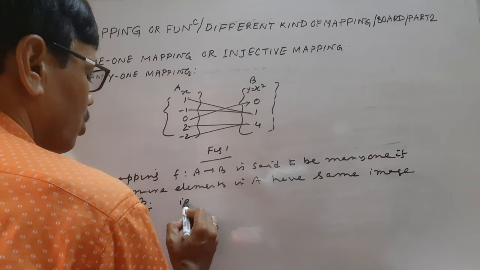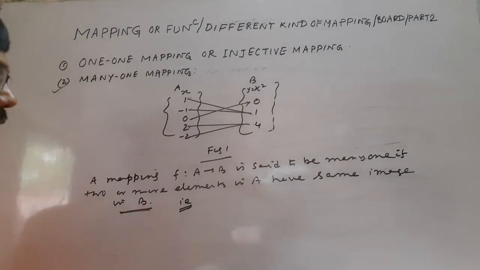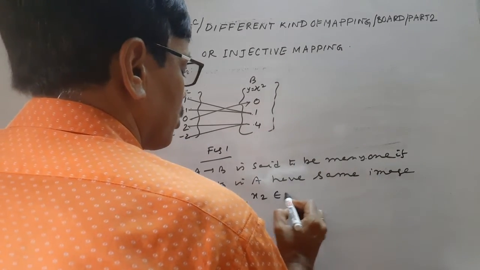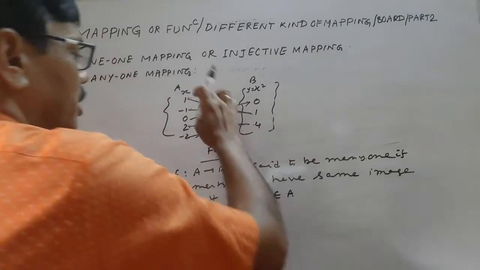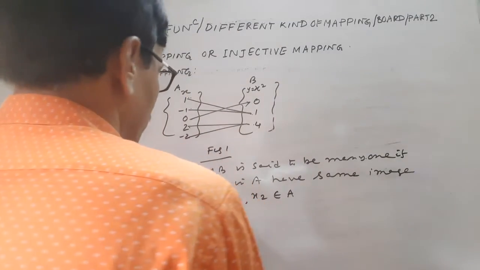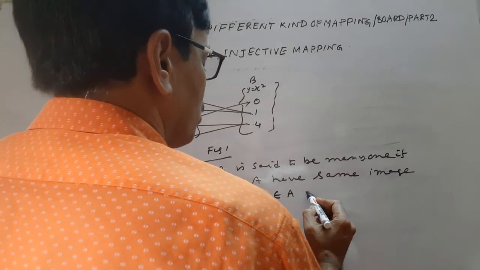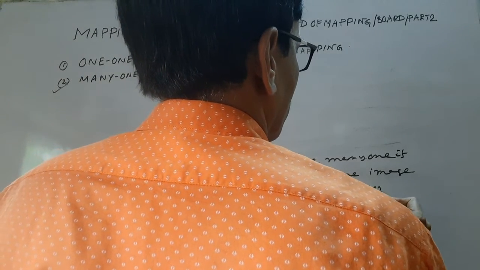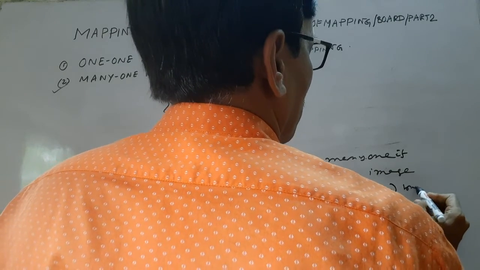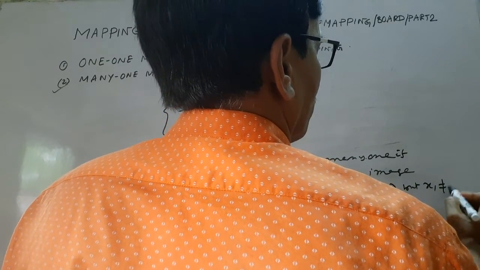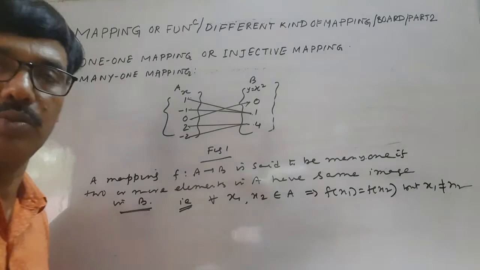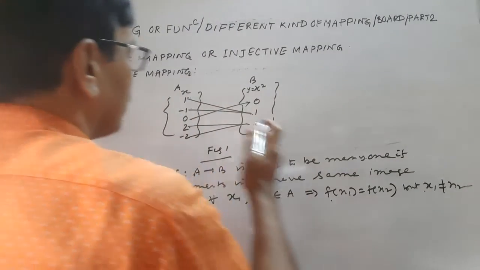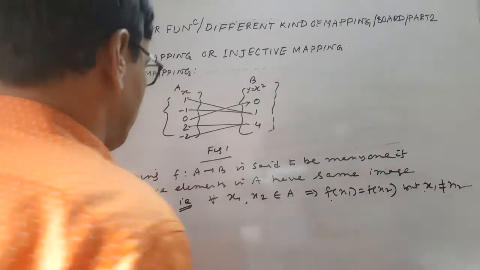So we solve using this one mathematically. For all, we take 2 elements, x1, x2 belongs to A, that is from the domain. For all x1, x2 belongs to A, f(x1) equals f(x2), but x1 not equal to x2. x1 and x2 are not the same, but their images are the same.